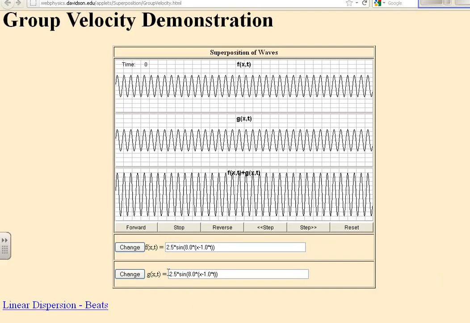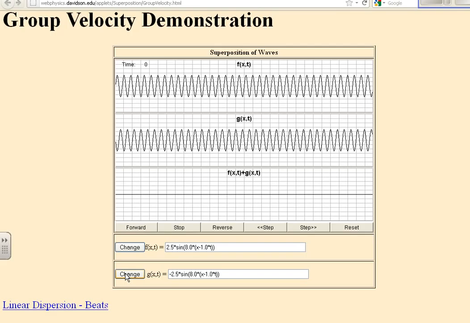If I change the phase of the bottom one, so this is g, so I'm going to change that to negative, so I've just basically moved the phase over. You see that now when they add together, they completely cancel each other out.